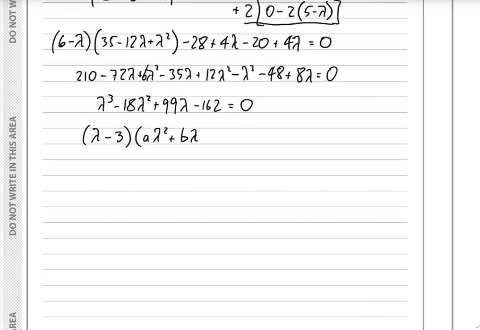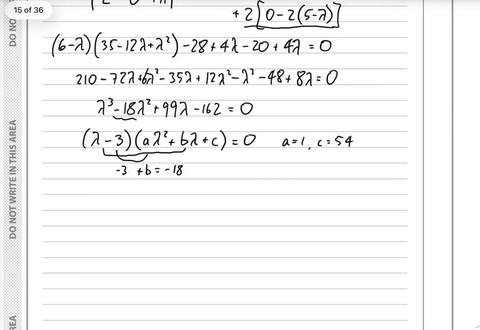So form ourselves a quadratic here. A must be a 1, C must be a 54 to get the constants right, and then if I get minus 3a lambda squared plus b lambda squared must equal minus 18 lambda squared, and we know a is a 1, then b must be minus 15.